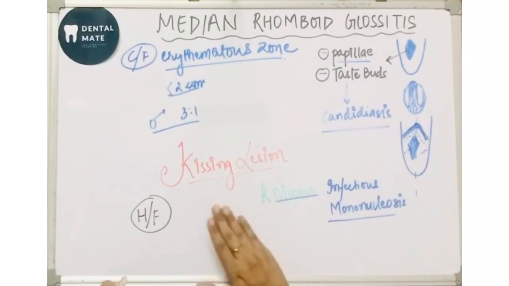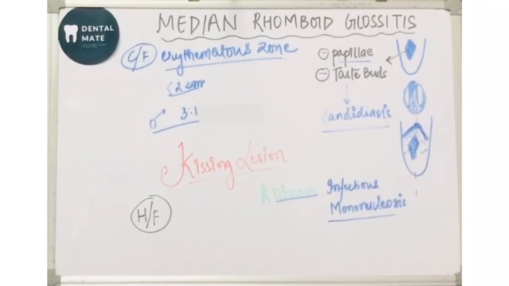The fungiform and filiform papillae are absent here. There is a mild to moderate chronic inflammatory cell infiltrate. There would be atrophied stratified squamous epithelium.